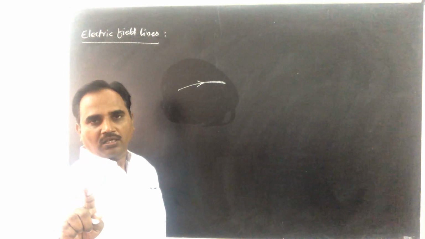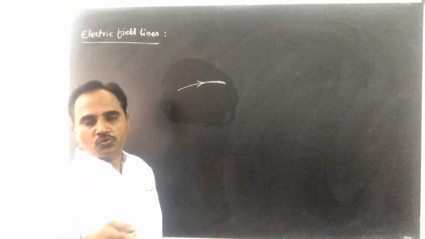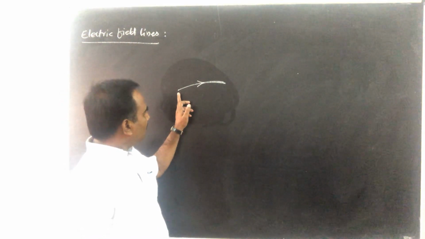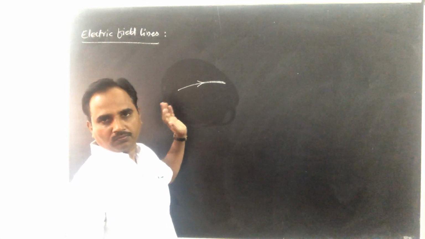So basically, electric field line shows the path along which a unit positive charge moves in an electric field. These electric field lines can be straight lines or they can also be curved.